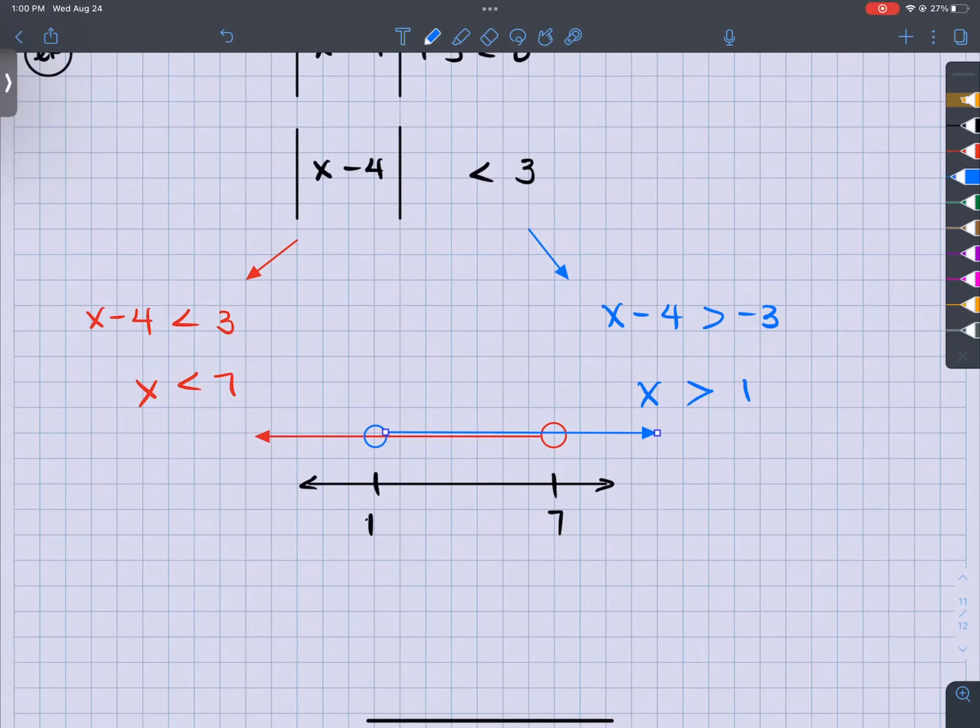You guys see that? Should I separate those two?